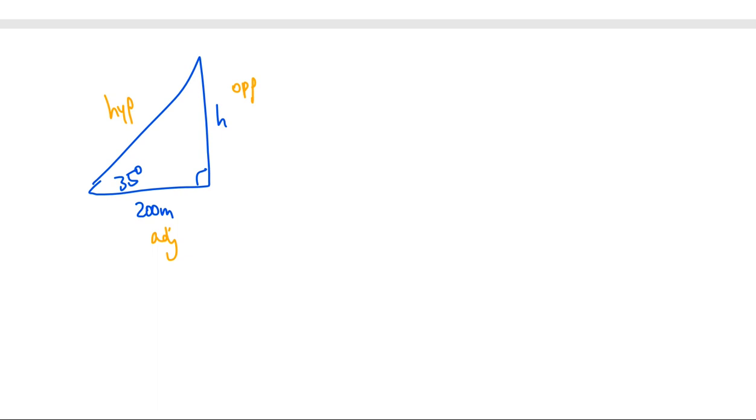I don't know the hypotenuse at all, but I know my opposite and my adjacent, and that means I can use tan. Tan theta is equal to opposite over adjacent, that's how it's defined. So I can say tan of 35 degrees is equal to h over 200.